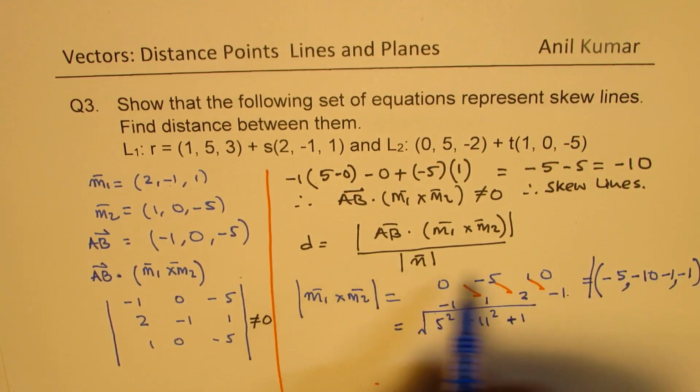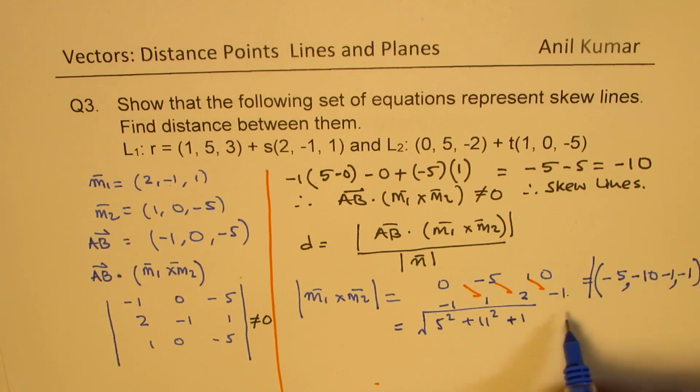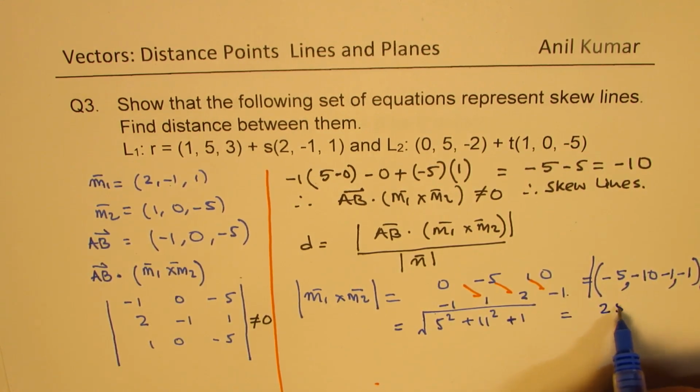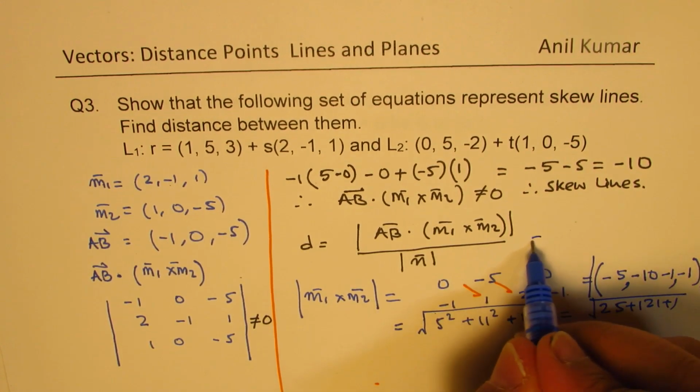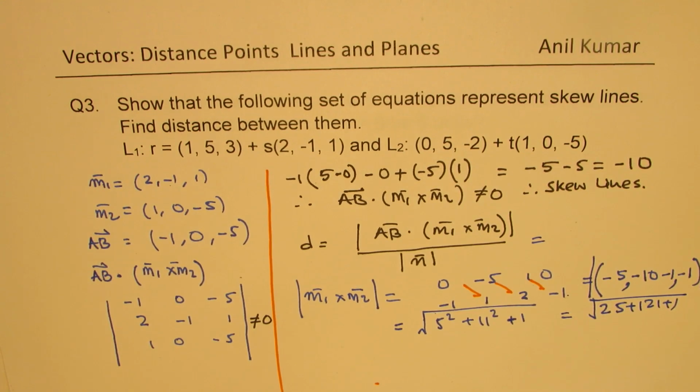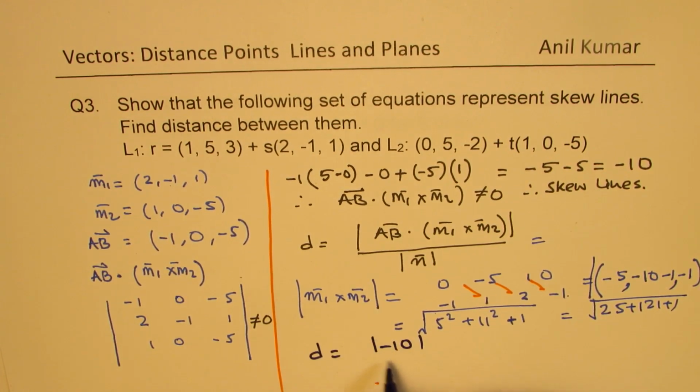So that is M1 cross M2, and then the magnitude, which is basically 25 plus 121 plus 1 squared. We'll place all these values here and then find the distance. So the distance d is equal to minus 10 absolute value divided by the square root of 25 plus 121 plus 1. Okay, let's calculate.